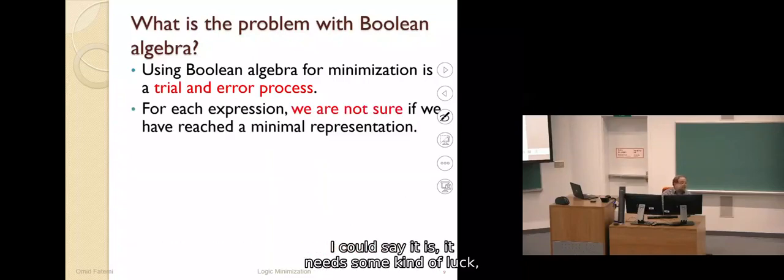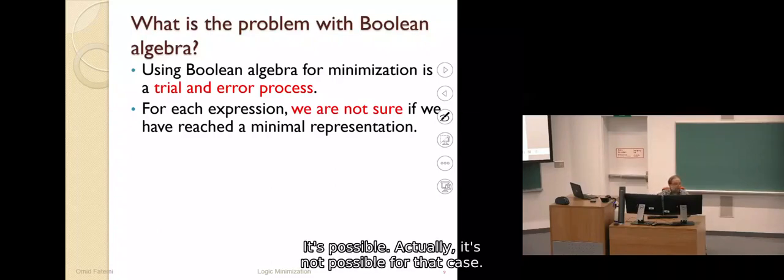It needs some luck, more practice, more intuition. And at the end we are not sure if it is the best. Maybe somebody else could do something better. Even the things that I've shown you, 3 terms with 7 literals, you might make it better.